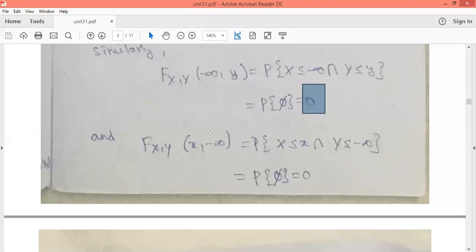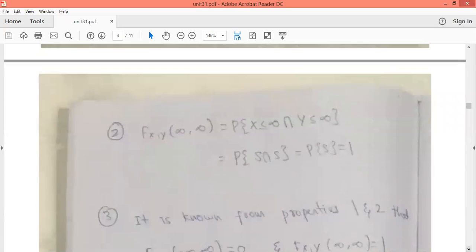Similarly, if you take y equal to -∞, just now we have discussed that Y ≤ -∞ will give us the null set. Any set intersection with the null set will give us the null set only. So what is the probability of the null set? The probability of the null set will be 0. So this will prove our first property.